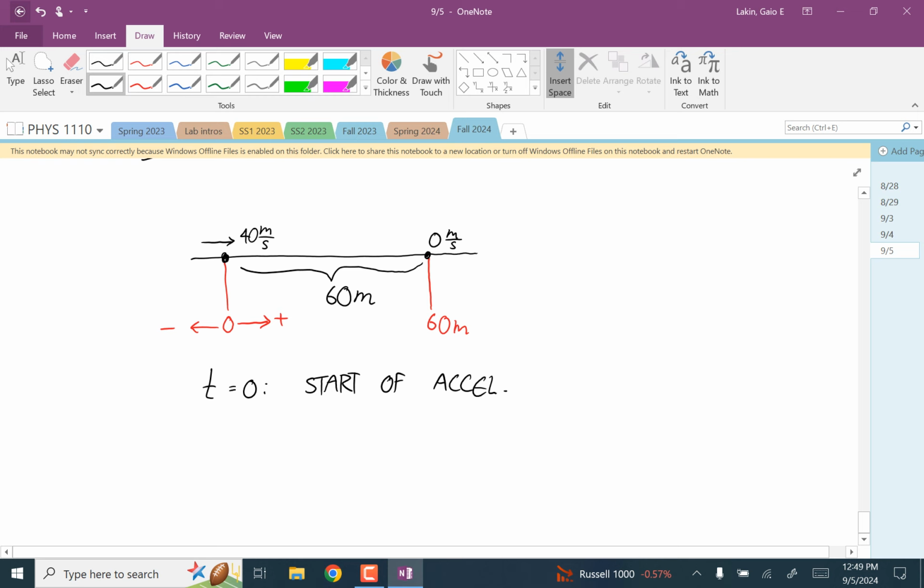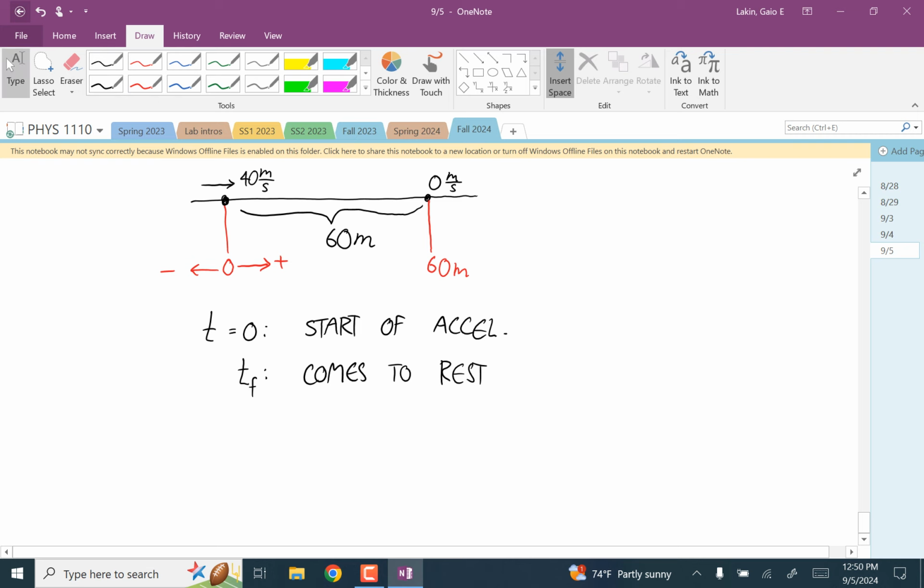And then the other place where we know or want to find stuff is when it comes to rest. And the time final is always the later instant than the time equals 0, just like a regular, we don't have a negative stopwatch, quantum mechanics stopwatch or something.